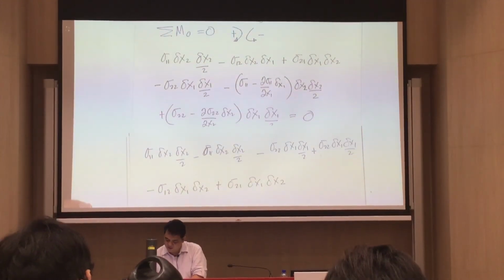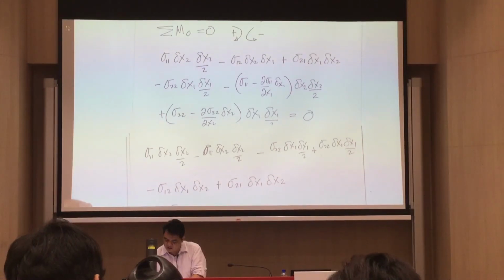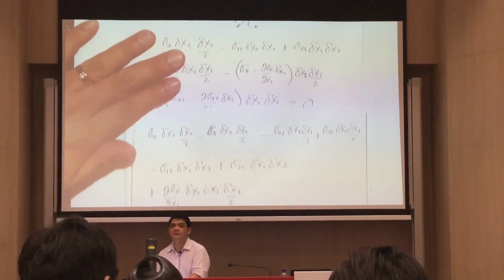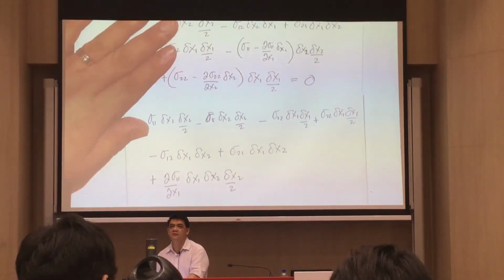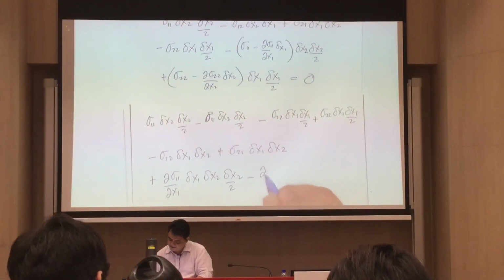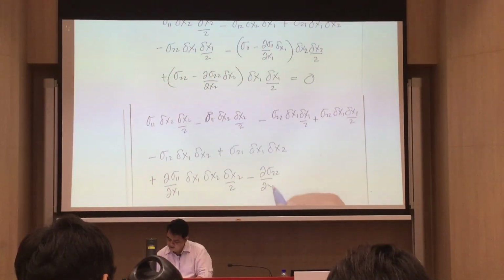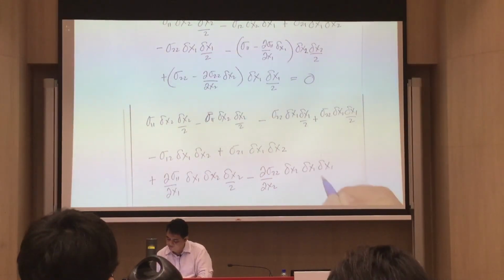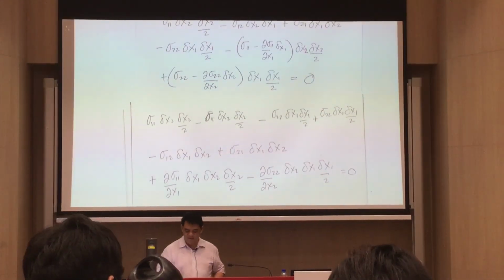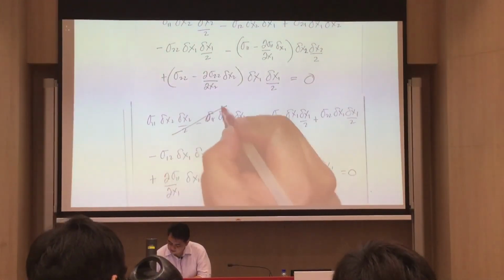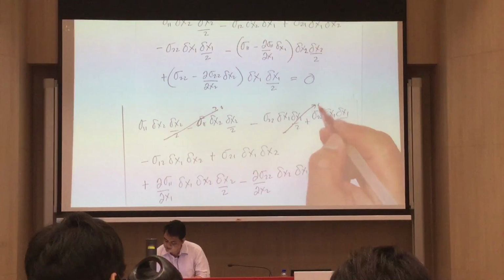Plus partial sigma 1,1 with respect to x1, delta x1, delta x2, delta x2 divided by 2. There you go. And then this other term, finally, sigma 2,2 delta x2 delta x1 delta x1 divided by 2, equal to 0. Okay, this one is simple. They cancel out, that's 0.